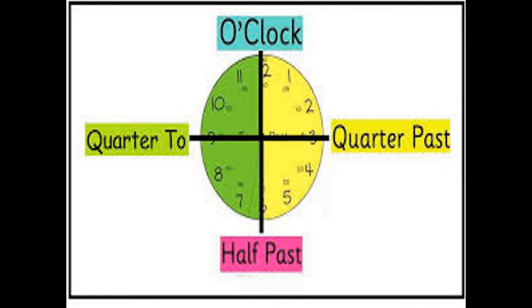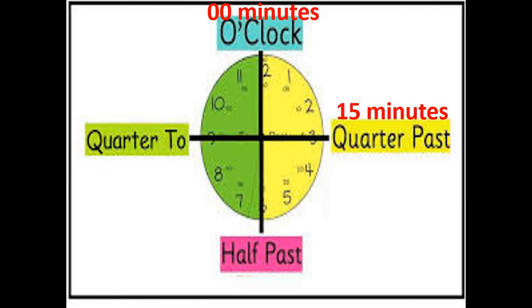Don't forget, when the long hand points at 12, in the analog, we say o'clock, and it means 0 minutes past. When the long hand points at 3, we say quarter past the hour in the analog, and in digital it means that 15 minutes passed.